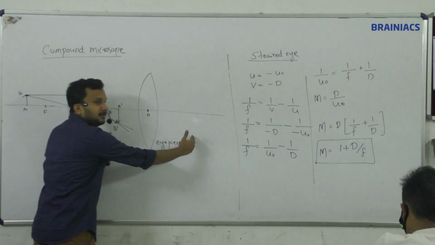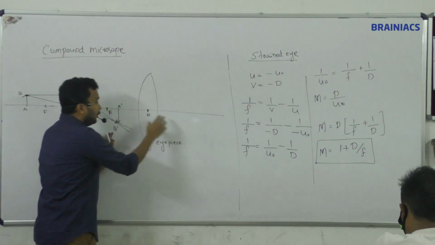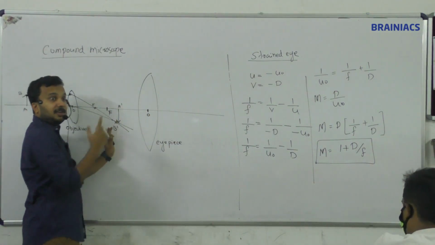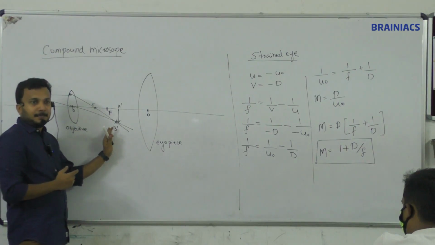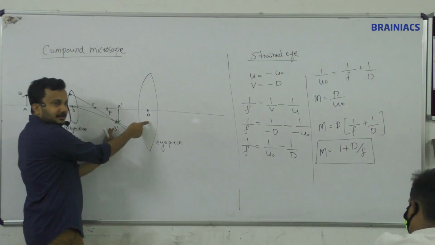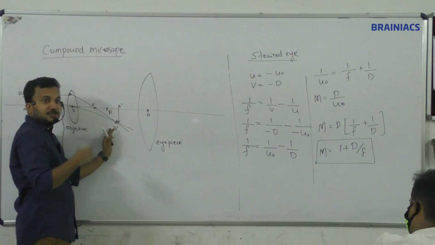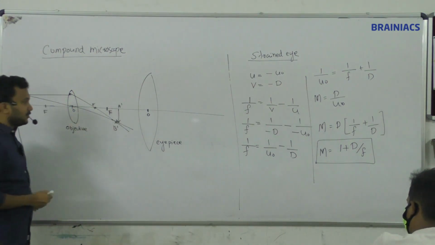In a simple microscope, where is the object placed? Between focus and optical center, right? So a virtual image will be formed.